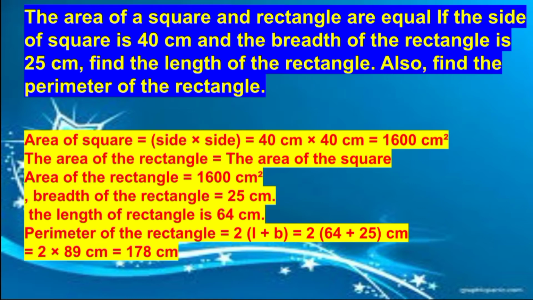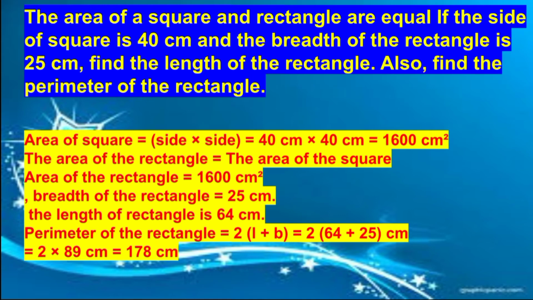Now the side of square is given to be 40 cm. So to find area, the formula is side into side. That's 40 cm into 40 cm. That's 1600 cm square. Now we can conclude that 1600 cm square is the area of rectangle too as per our question. Now breadth is given to be 25 cm.